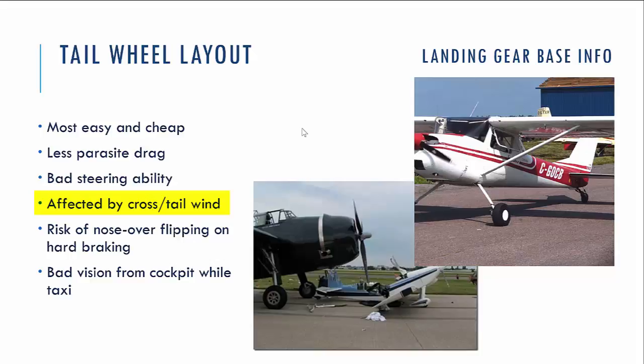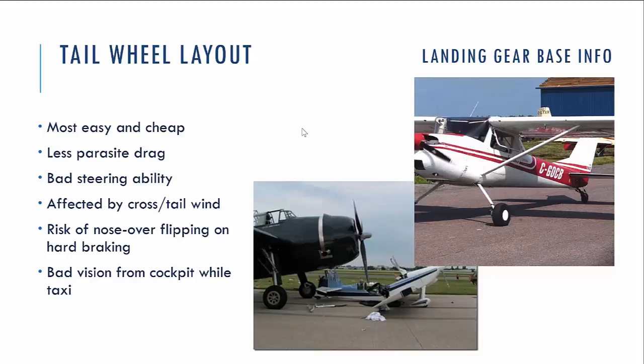Tailwind, in the case if you use rudder to steer the airplane on taxi, could lower the airspeed and eliminate the aerodynamic forces. So it brings problems with aerodynamic control of the airplane, and also reduces aerodynamic forces.